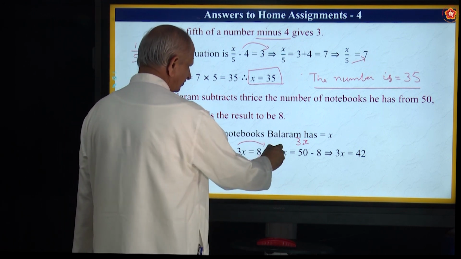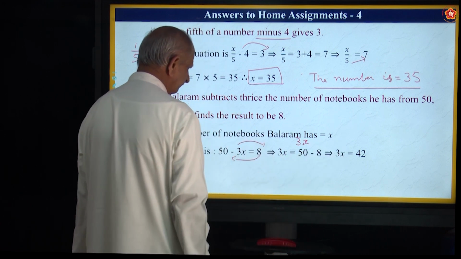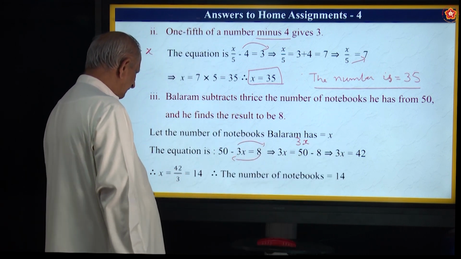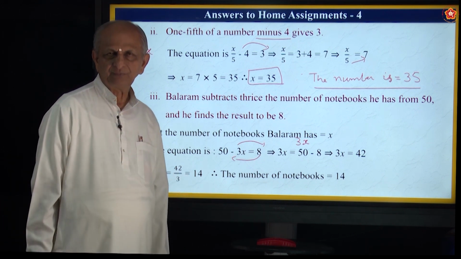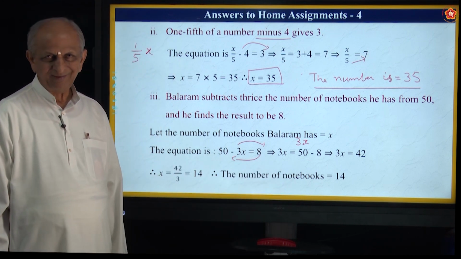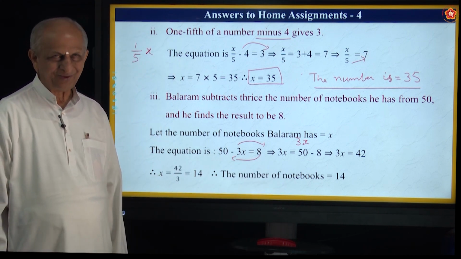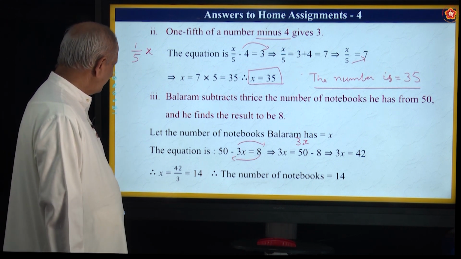So you have 3x is equal to 50 minus 8, that is 42. So x becomes 42 by 3, that is 14. The number of notebooks is 14. Got it? Okay. It's a 2 marks question. So be ready for that.